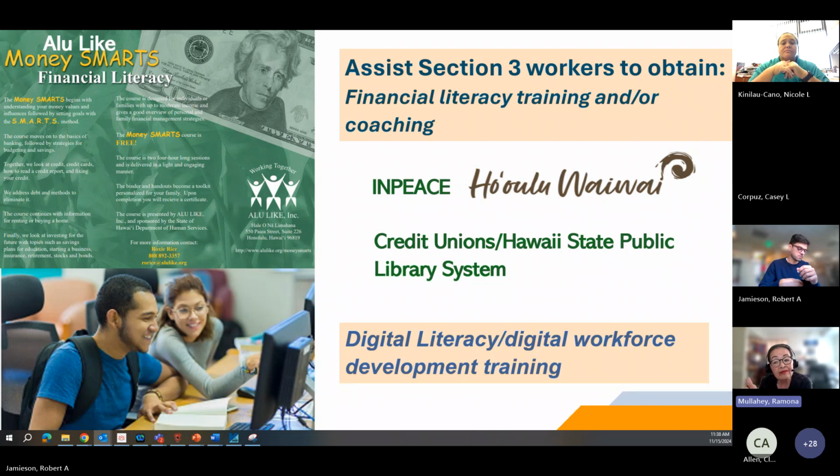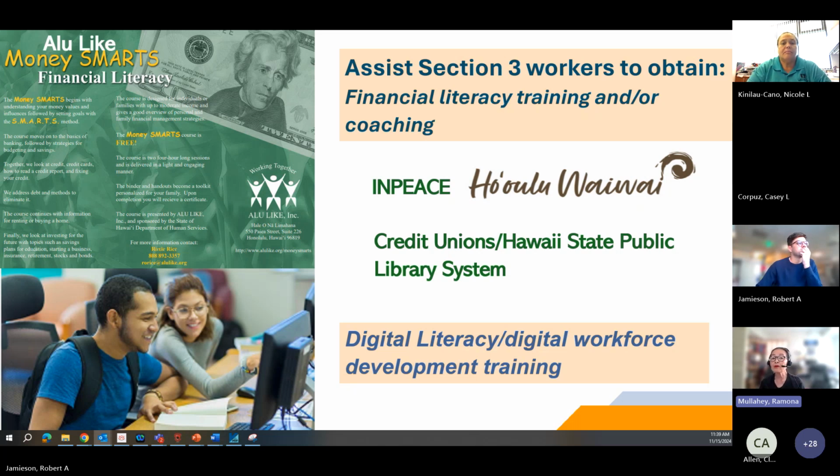And as we talk about the state public library system, we can also look at digital literacy. We do know that DHHL just got that $72 million grant to focus on digital literacy, and you folks are looking at creating some digital equity innovation centers. So how do you make those connections to help the workforce to develop the skills?